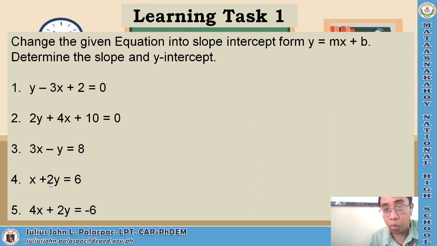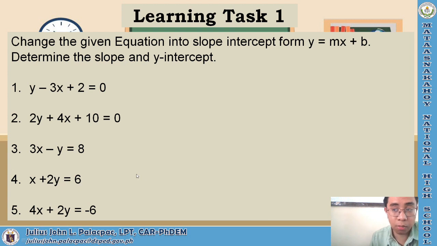And then we have 2y. We'll eliminate the 2 in 2y. So the reciprocal of 2 is 1/2. So 1/2 times 2 is 1, 1y. So we'll bring down y here. And then y is equal to 1/2 times negative x, which is negative 1/2 x.